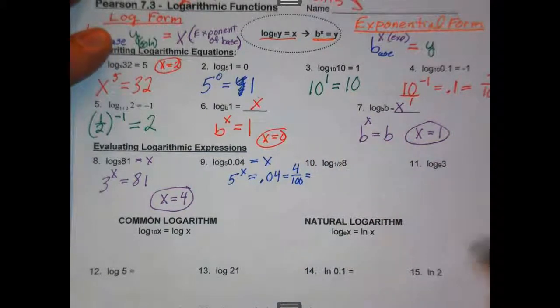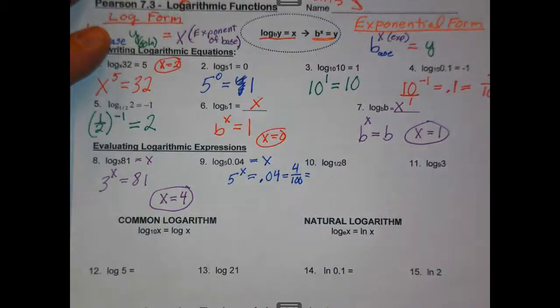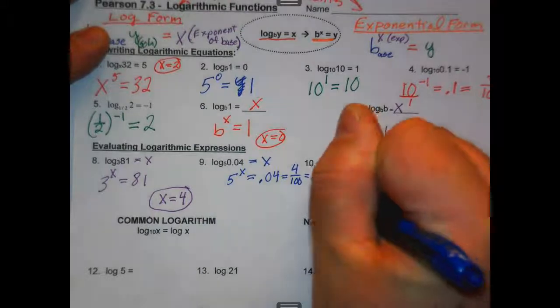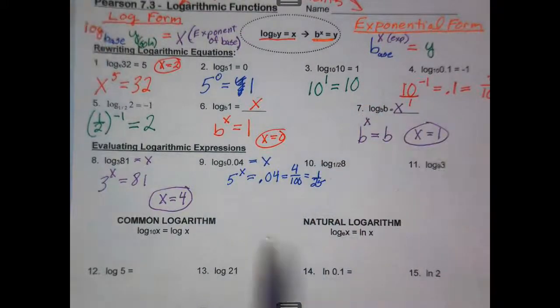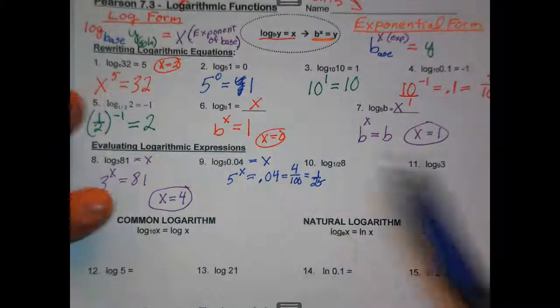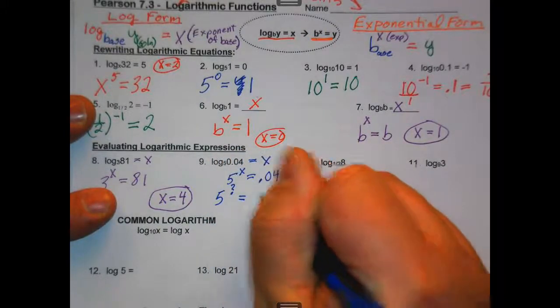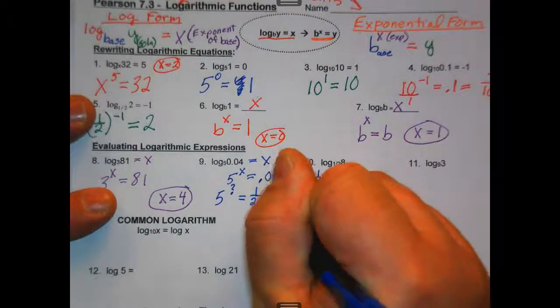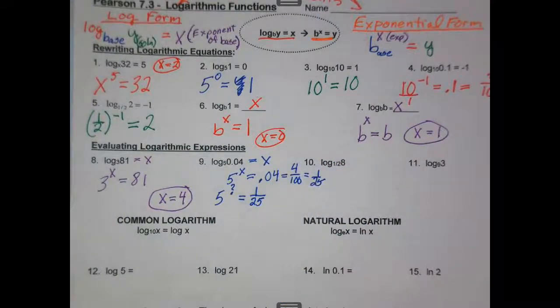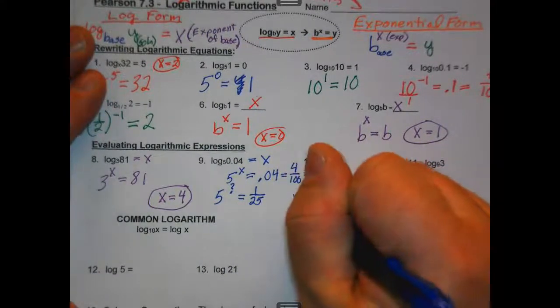What do I have? 1/25. Good. Now, 5 to the what is going to make 1/25? Now, wait. Remember what I told you approximately 4 or 5 minutes ago. X is -2.